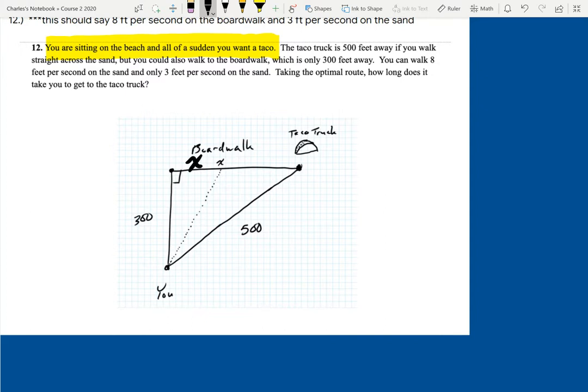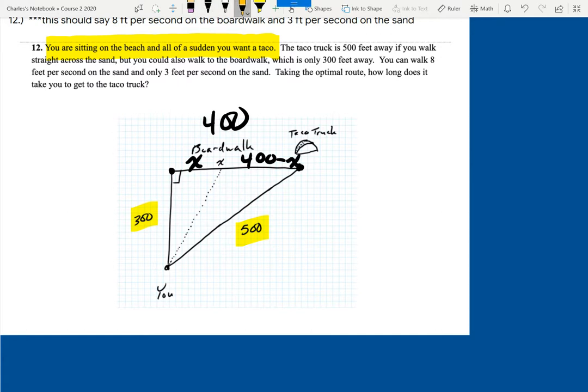What x represents is the distance between the point I would get to if I walked straight to the boardwalk and the taco truck itself. Since I know that this is a right triangle and two of my sides are 300 and 500, the missing side is going to be 400. So I'm going to call this 400 minus x.